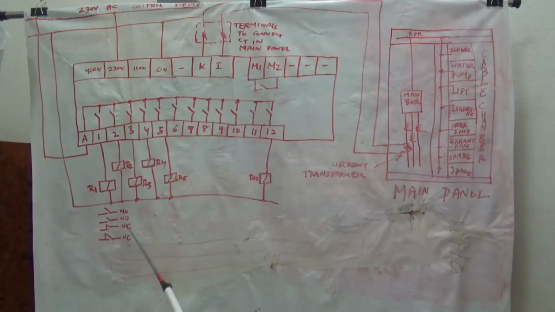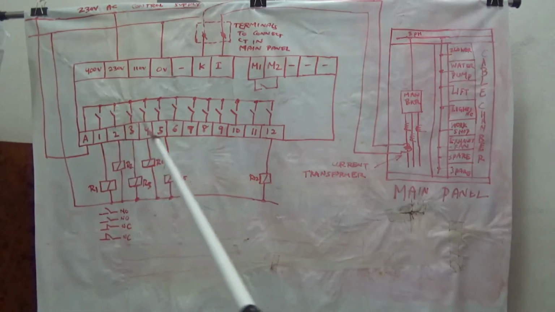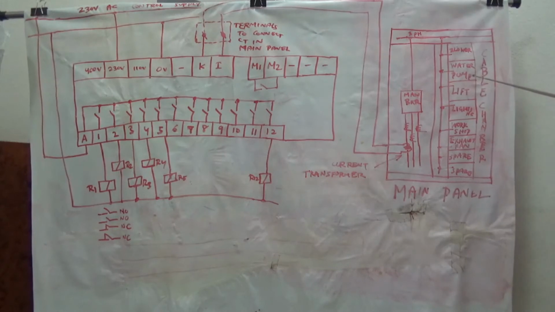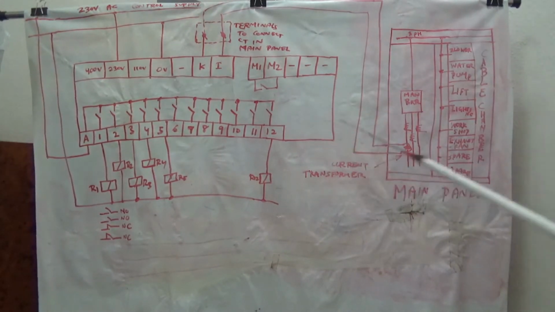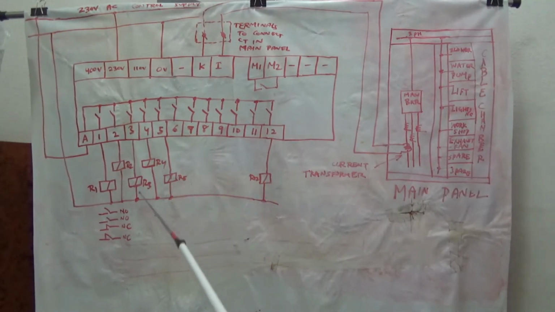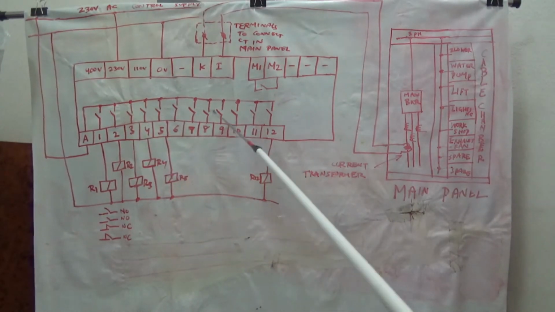So depending upon how many kVARs are required, these contacts are closed or open. Suppose some loads are switched off, then the power factor improves. In that case, some capacitors are switched off automatically by these controller contacts.